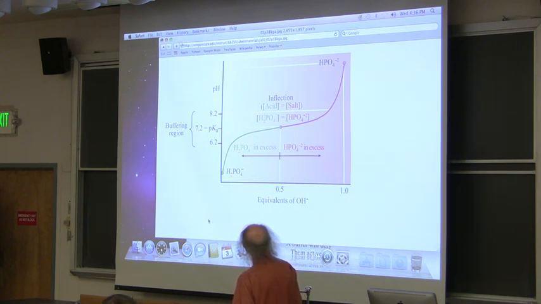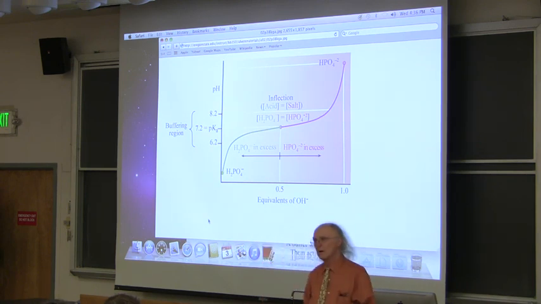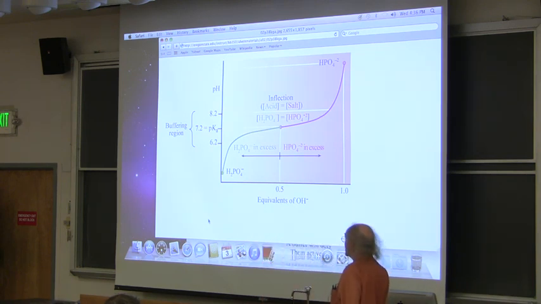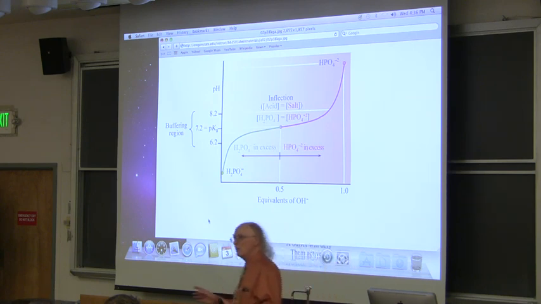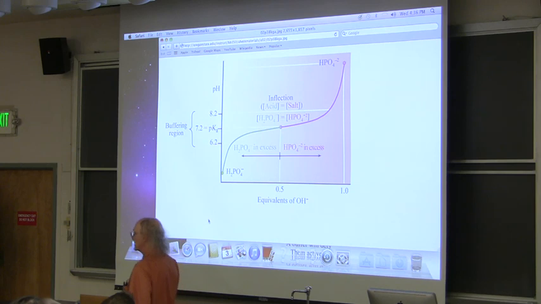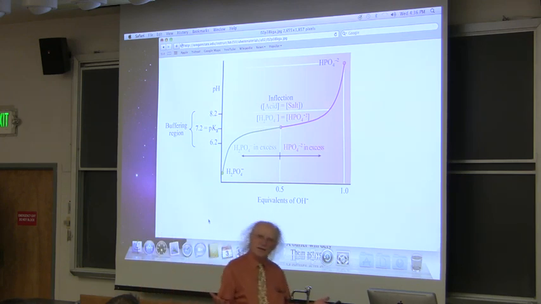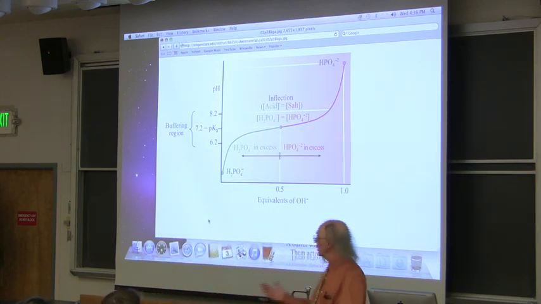What else should I say here? Other questions? Okay. I'm not going to say it today, but I'm going to tell you one brief thing. What do you suppose this would look like, because I told you before, phosphoric acid has 3 buffering points. What do you suppose its titration curve is going to look like?